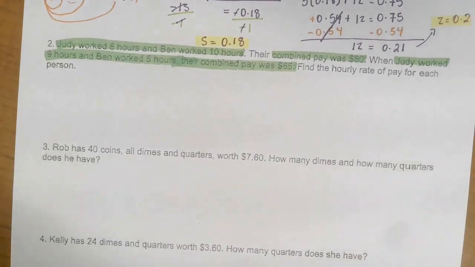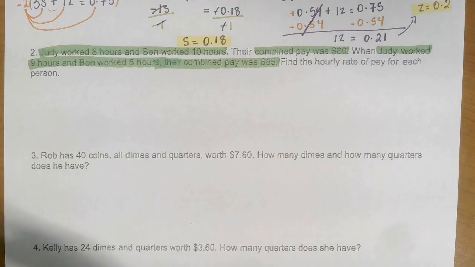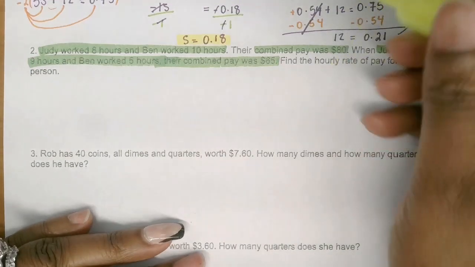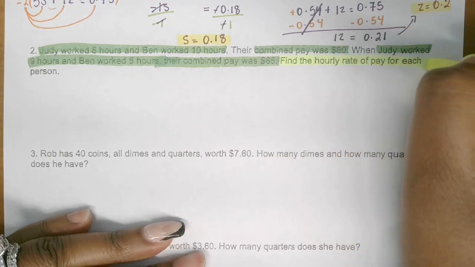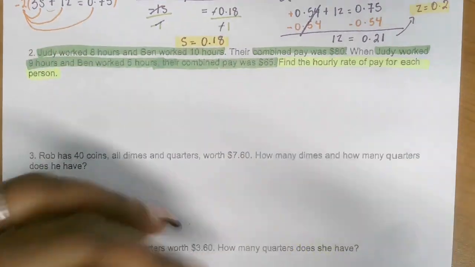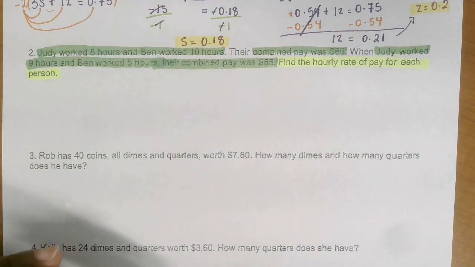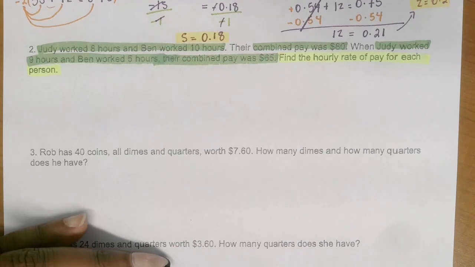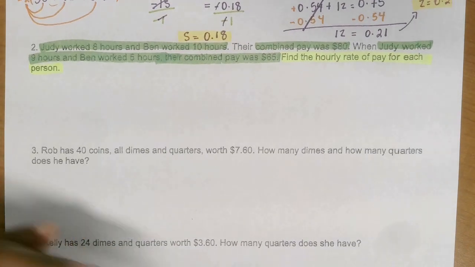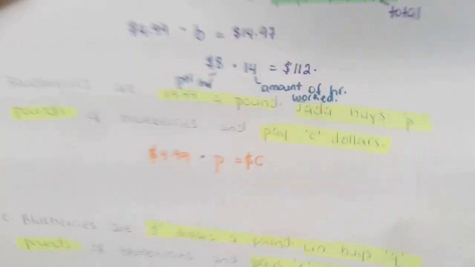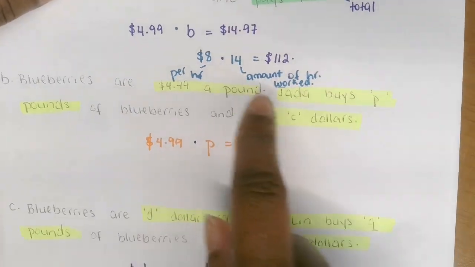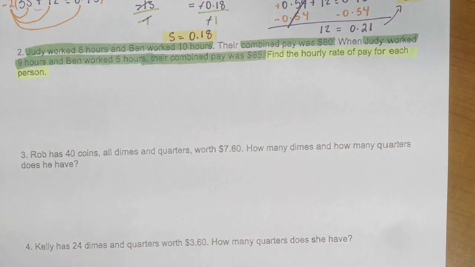Now we need to have 2 equations when we're trying to solve. We're tasked to find the hourly rate for each person. So we have to figure out how much Ben worked and how much Judy worked an hour. Similar to this question that we did on this side where I used this example. So that's what we need to find out.